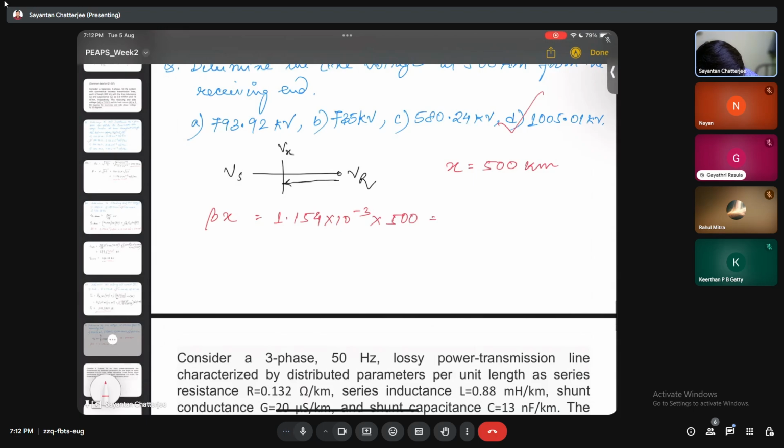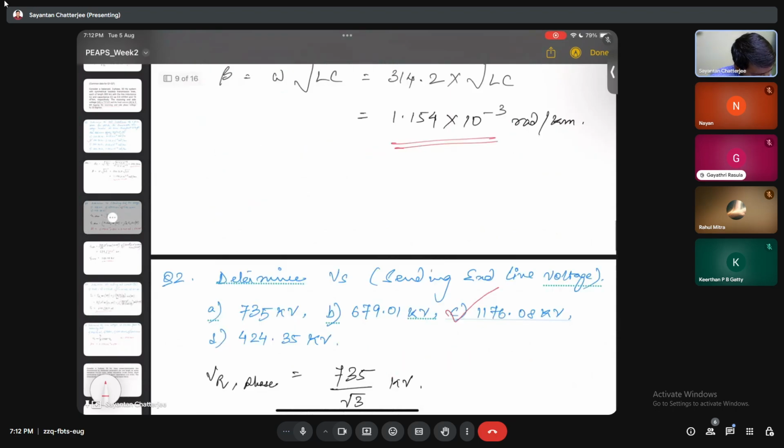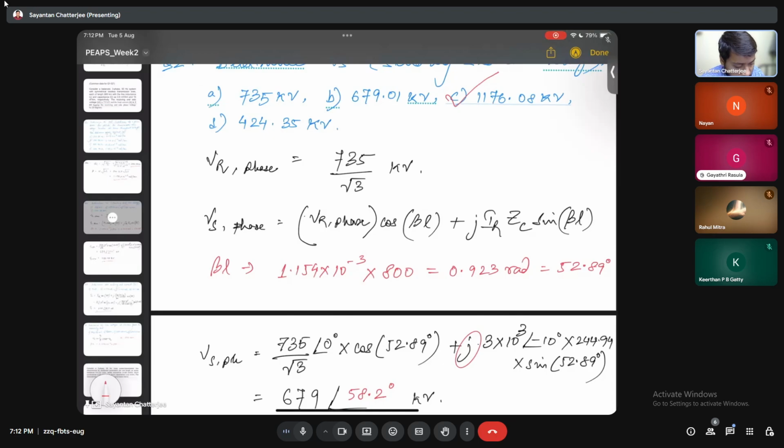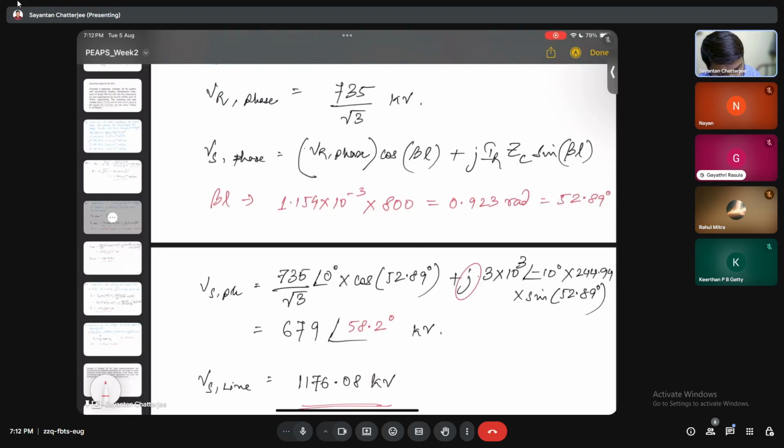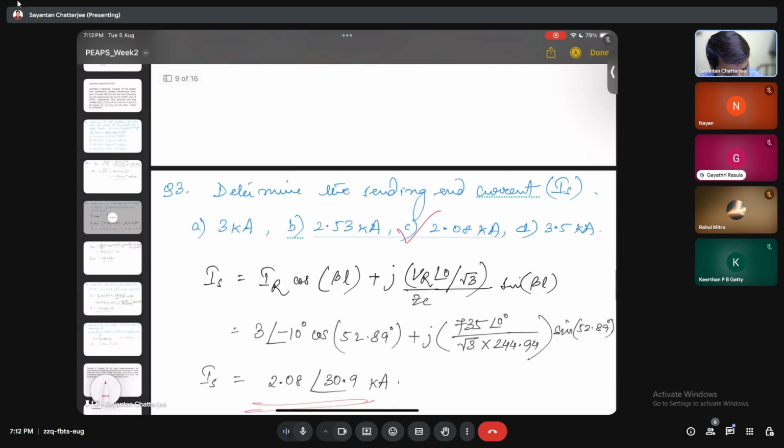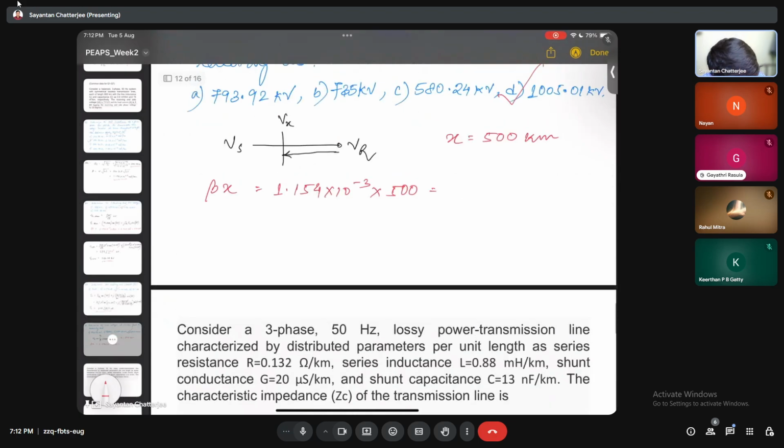This value will be 0.5769 radians. Converting to degrees, multiply by 180 divided by pi, it will be 33.05 degrees, so we can consider it as 33 degrees.